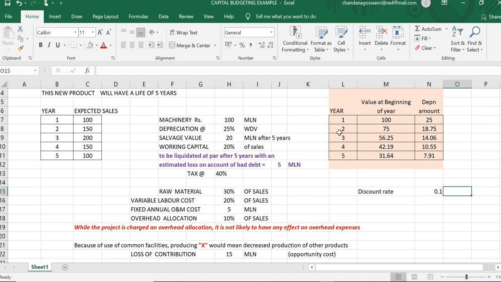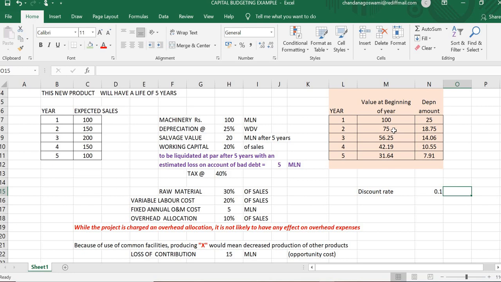The first step is always to prepare the depreciation table. Year 1, your machinery is valued at 100 million. So if you depreciate it at 25%, the depreciation amount is 25 million. Subtract this 25 from 100, you have 75 out here.